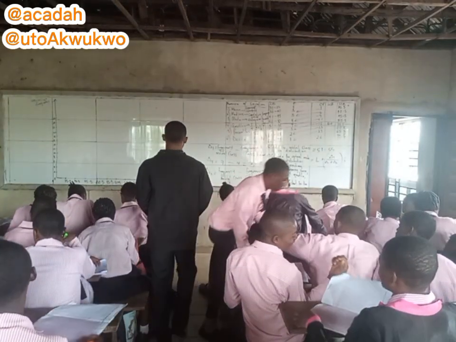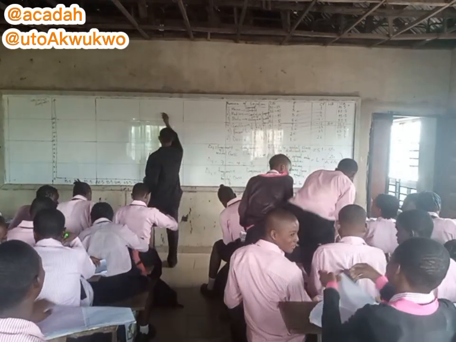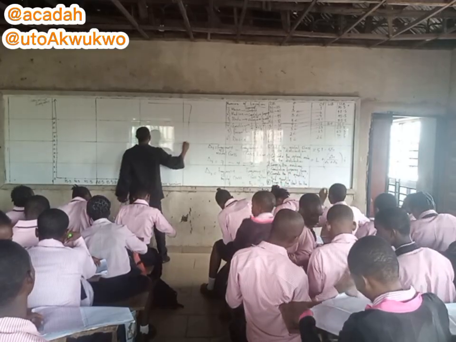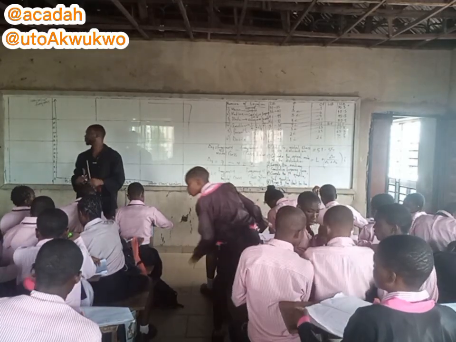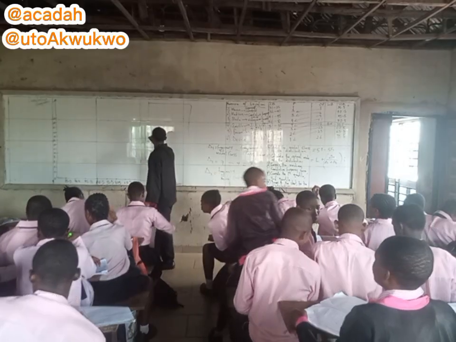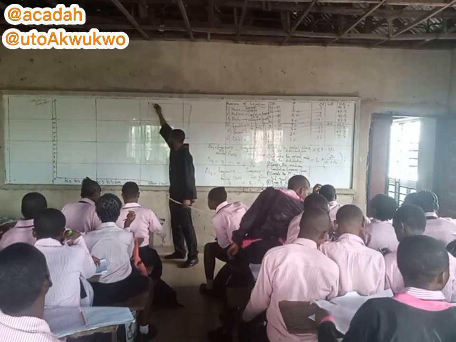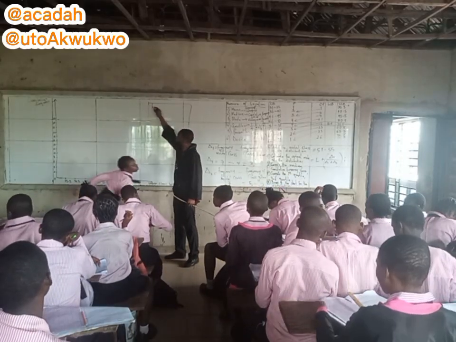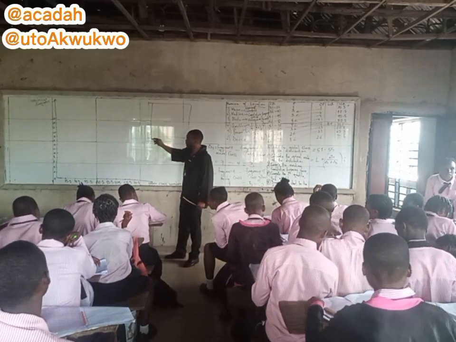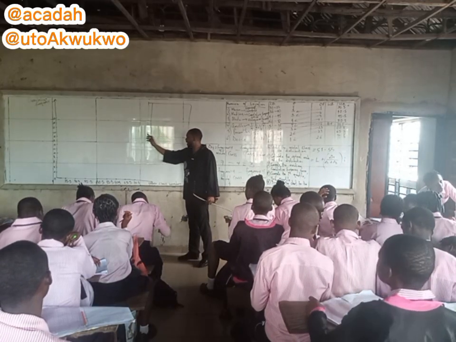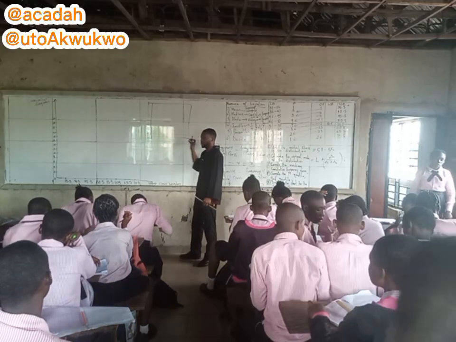See, if this is your graph notebook, the last box, draw your pencil straight down. Then the last line on the horizontal line, draw.